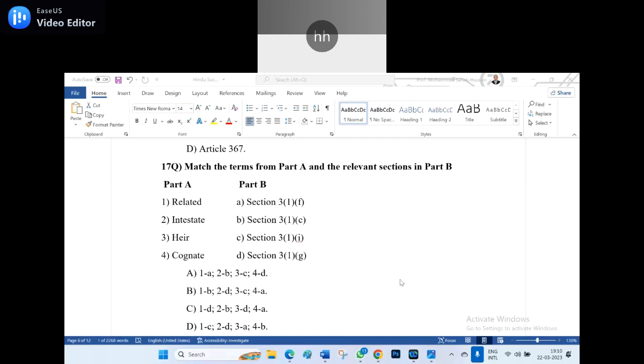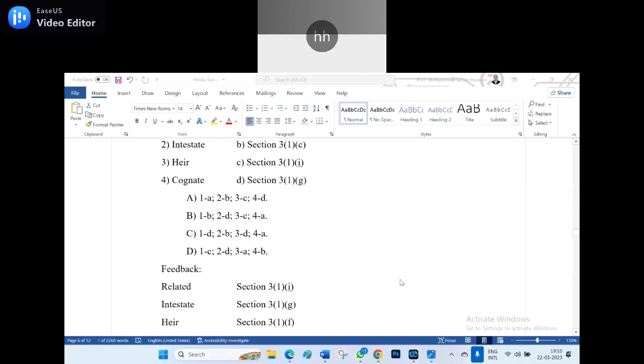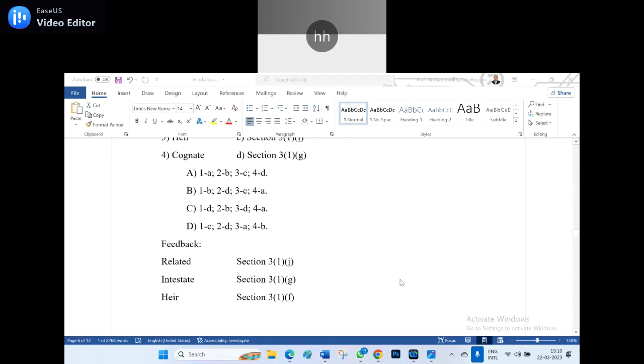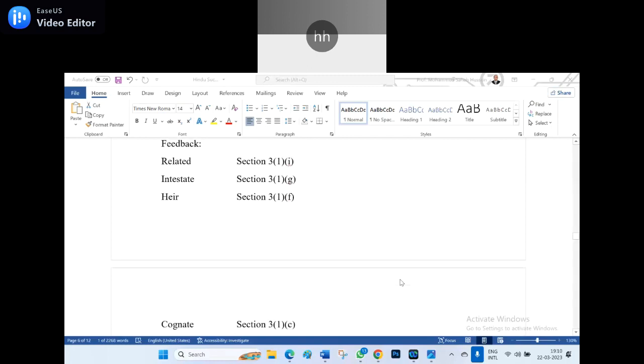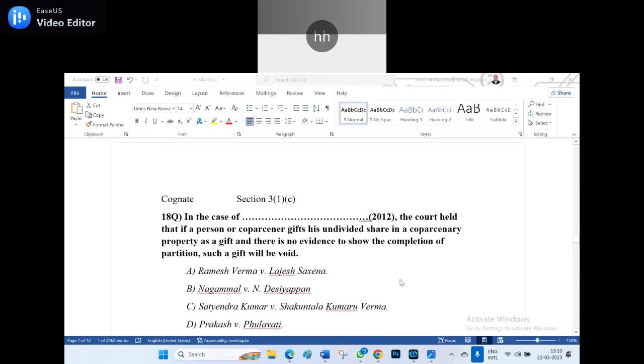D is the right answer: 1C, 2D, 3A, 4B. Look here in the feedback. Related, section 31I. Interstate, section 31G. Heirs, section 31F. And cognate, section 31C. Agnate, 31A.